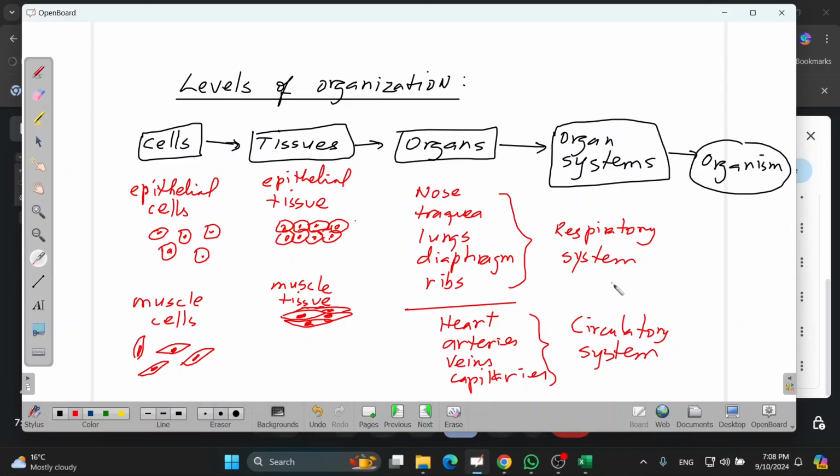And then we have the respiratory system, circulatory system, nervous system, reproductive system, endocrine system, right? Skeletal system. And all those systems work together, right, to form an entire organism. See? So this is how we are organized from simplest to most complex. And what do we call that? We call that levels of organization.